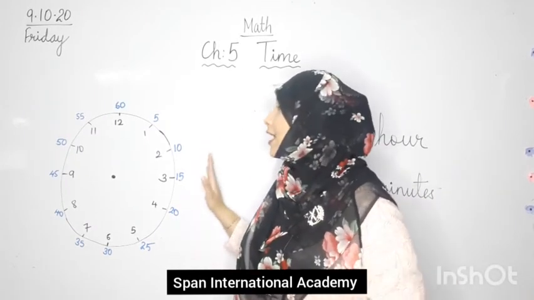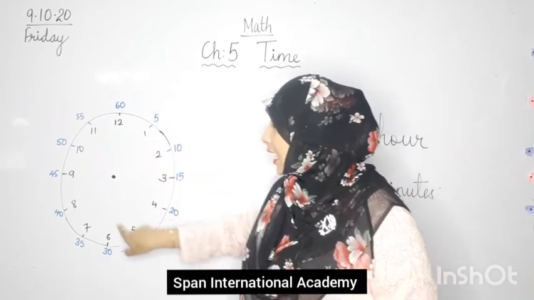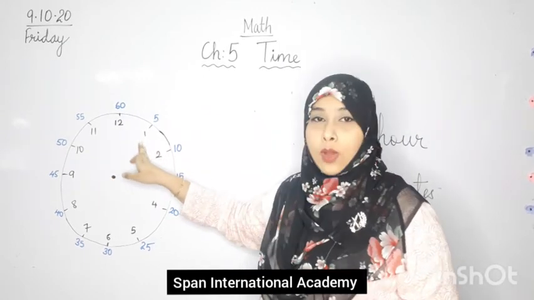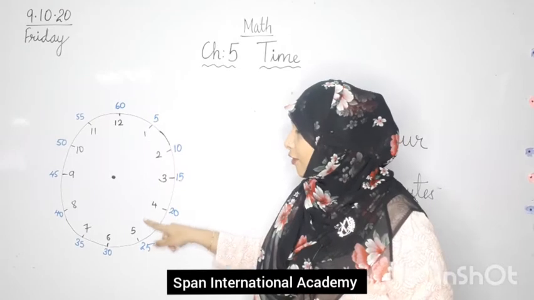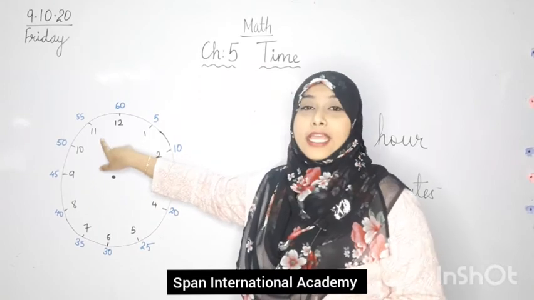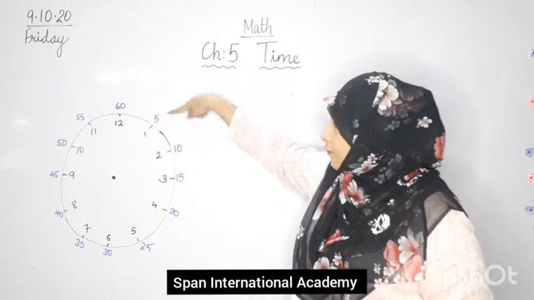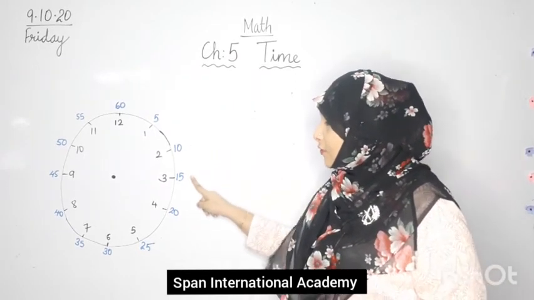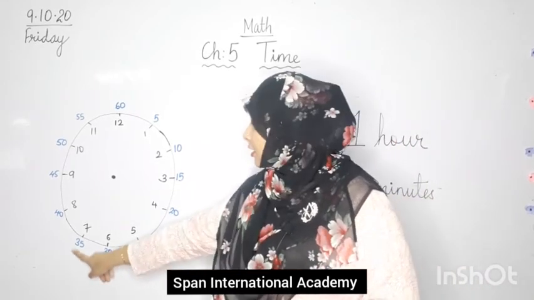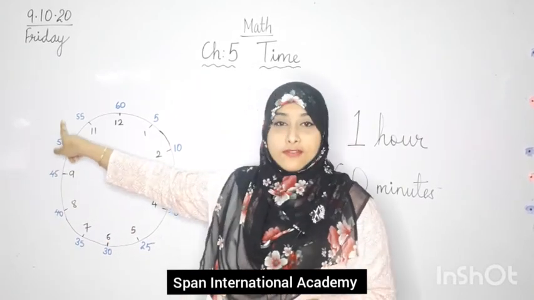Okay, so here again I have a clock drawn on the board. Here are the numbers inside of the clock. They will tell us the time in hours. 12 o'clock, 1 o'clock, 2 o'clock, 3, 4, 5, 6 o'clock, 7 o'clock, 8 o'clock, 9 o'clock, 10 o'clock and 11 o'clock. The numbers that I have written outside, that is 60, 5, 10, 15, 20, 25, 30, 35, 40, 45, 50 and 55.